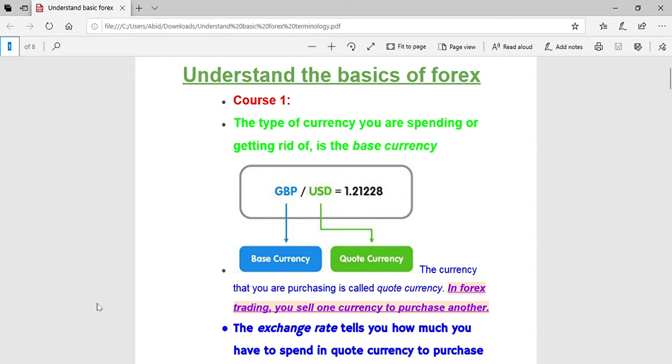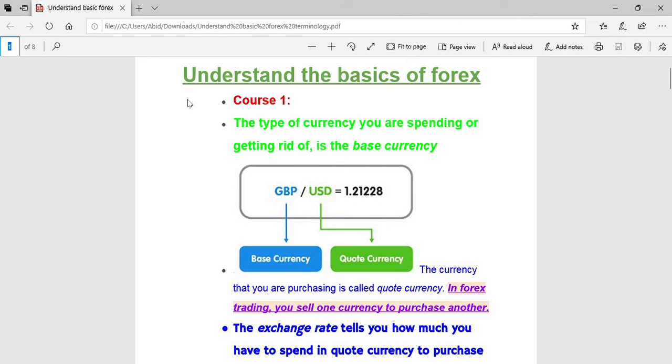Our topic is understanding the basics of forex. Why do we have a title like this? Because a lot of people have very little idea, but a lot of interest in how they can earn money trading forex. And forex is all over the world. It is not restricted to certain countries, or an opportunity for certain countries only. In any country, if they have internet access, they can trade and make their living with forex.